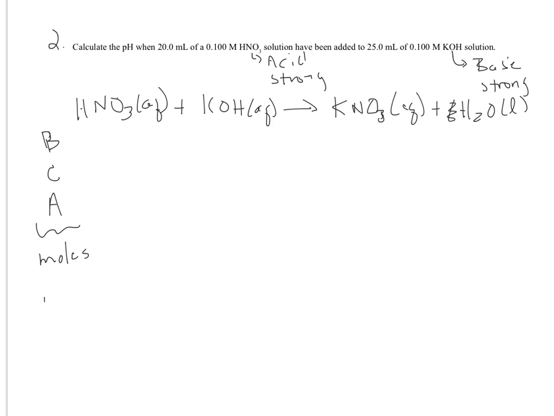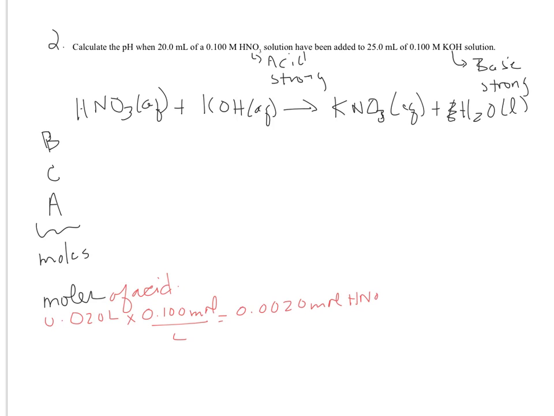Hopefully you remember. I'm going to change it into red. So moles of acid. I have a volume. I'm going to change that 20 milliliters to liters times the concentration. That's moles of nitric.